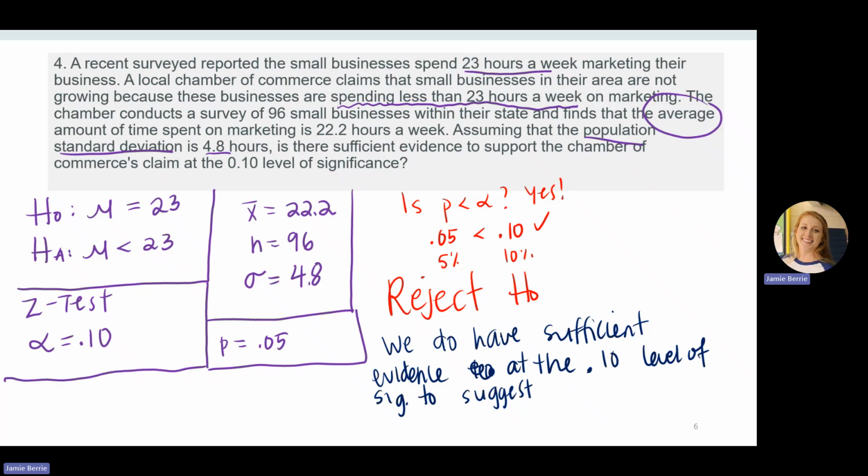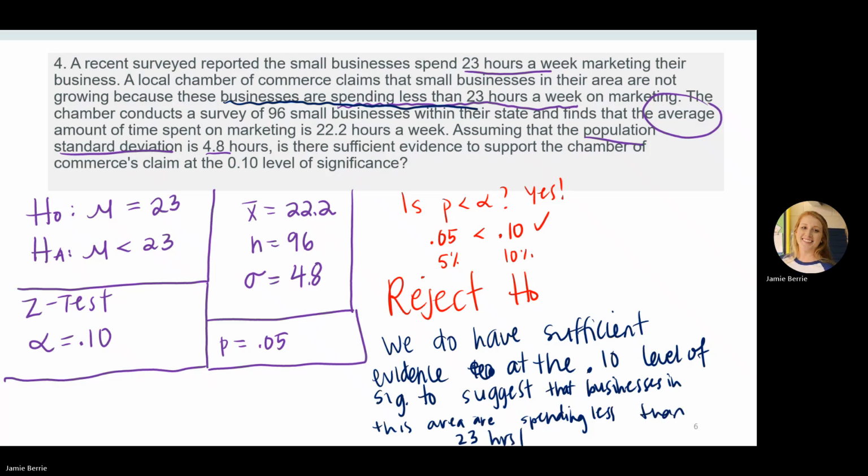So we do have sufficient evidence at the 0.10 level of significance to suggest that, let's see how we want to word this, businesses in this area are spending less than 23 hours per week on marketing.